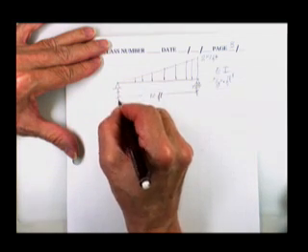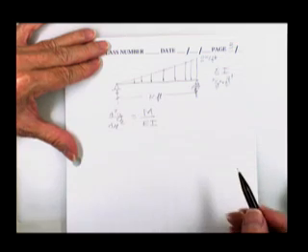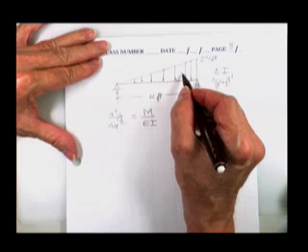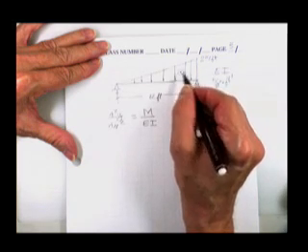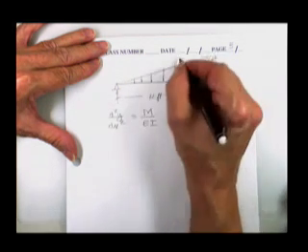The reactions. If you don't mind, I'm going to lie about this load. I'm going to concentrate it at its centroid. I'm going to replace the distributed load with an equivalent concentrated load.